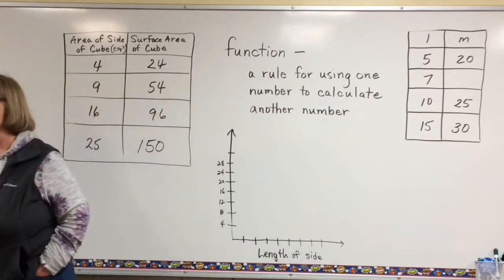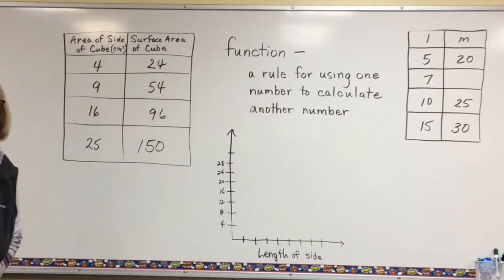When you were in probably second and third grade, they called it something different. They gave you a number and called it an input, and then on the other side of the box here, they would call the result the output. So we have one number, the input, that helps us calculate another number that we could call an output.